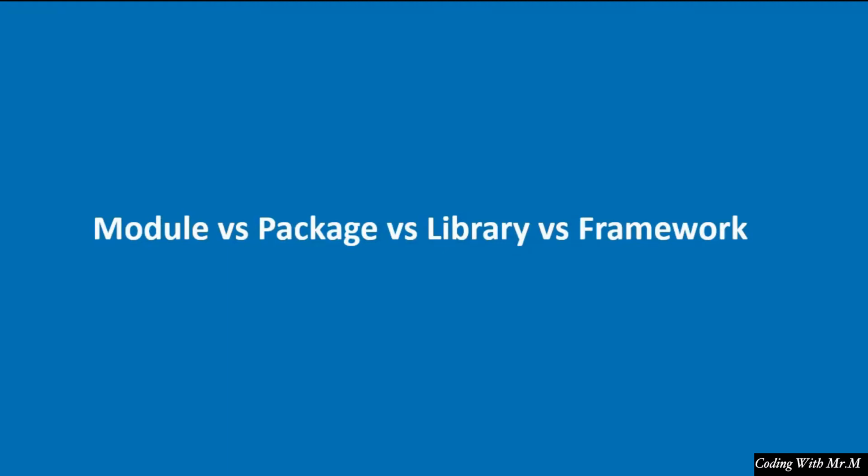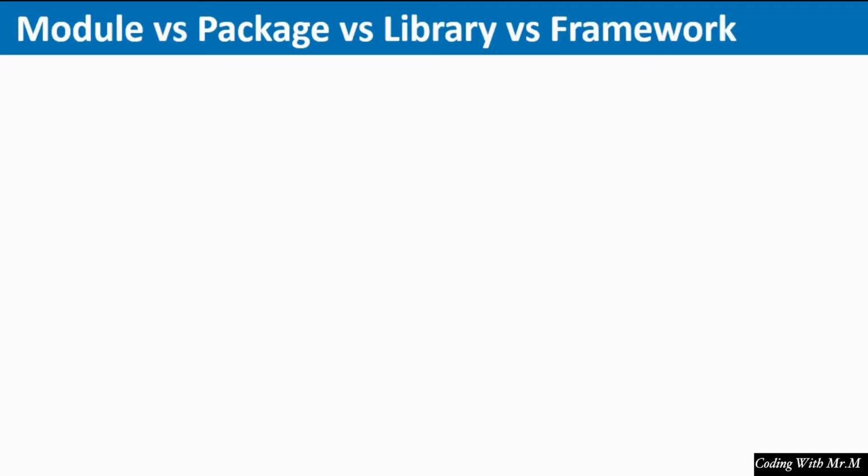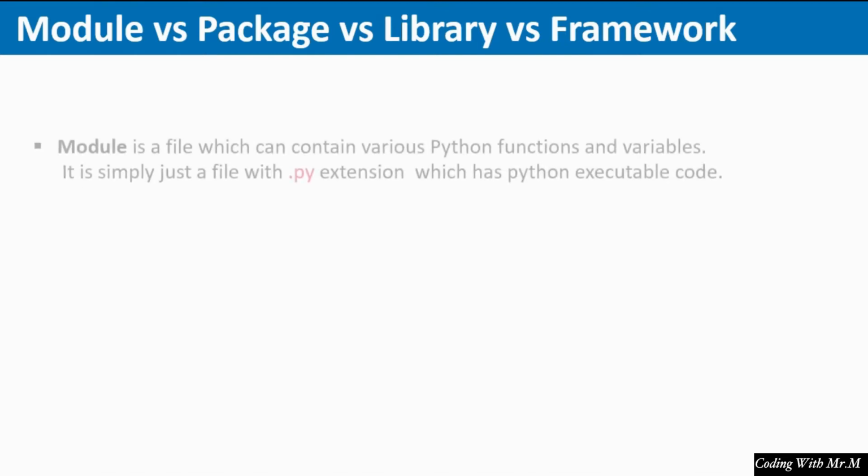In this video, I'm going to briefly describe the differences between a module, a package, a library, and a framework. I'm going to start with a module. A module in Python is basically a file that contains various Python functions and variables.